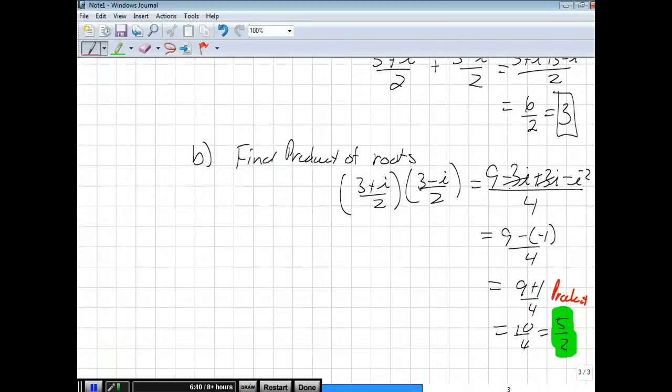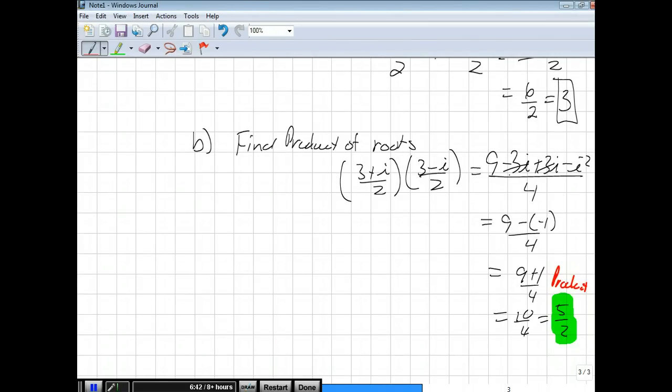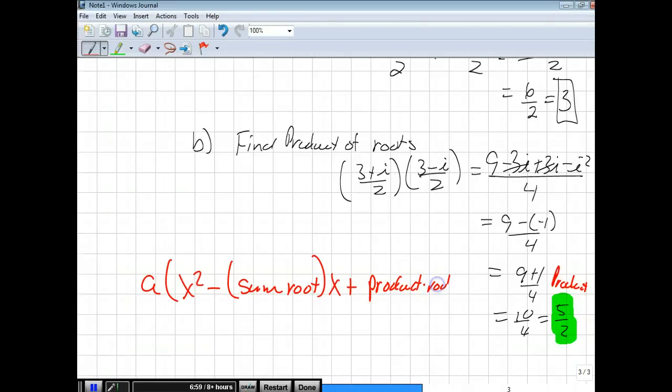Okay? And we know that it's going to be a times x squared minus the sum of the roots, x, plus the product of the roots equals 0.